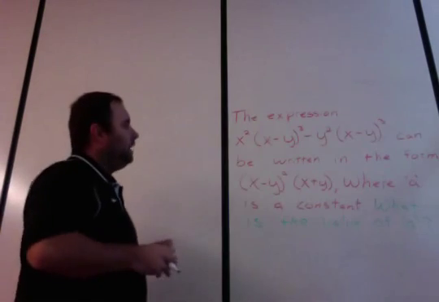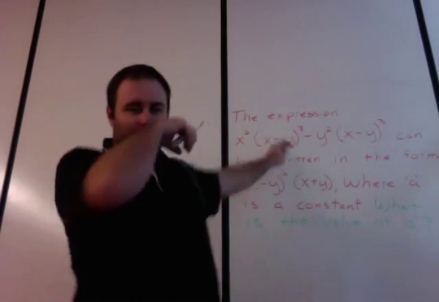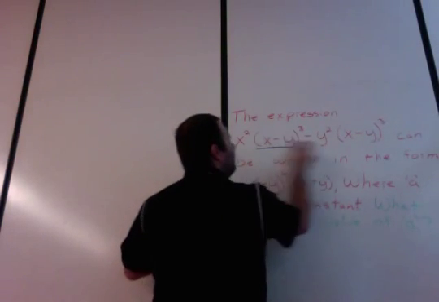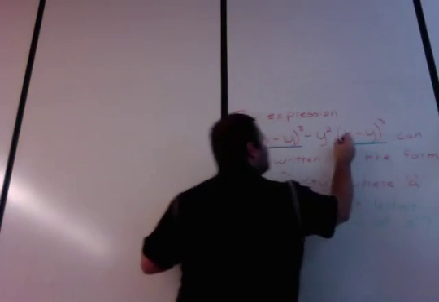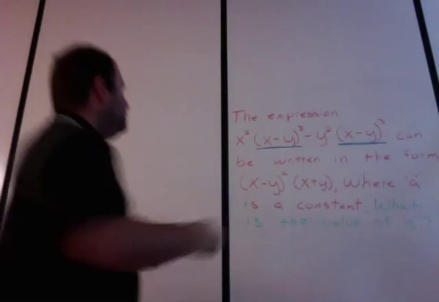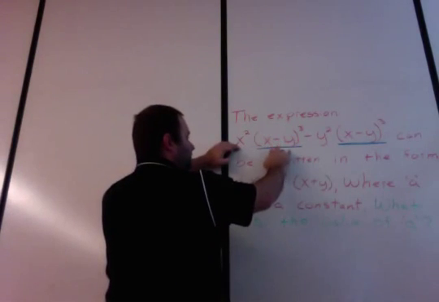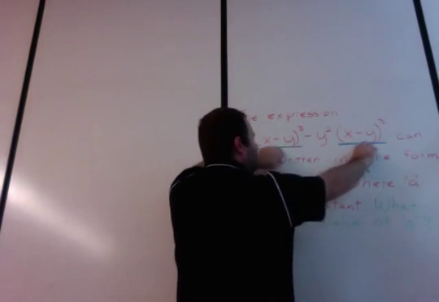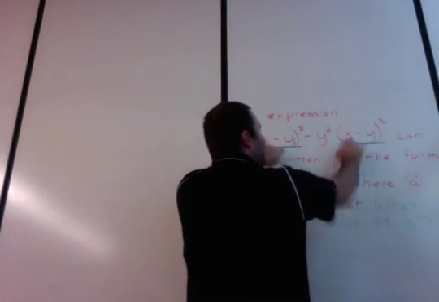Now, this is a polynomial that has factors already given. If you recall, you take this times this, and then you're multiplying something else by the same thing. This must be a factor.